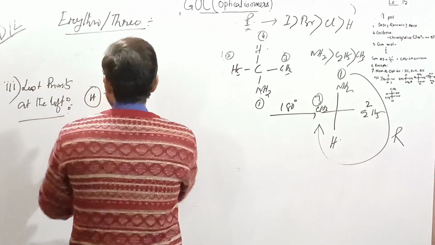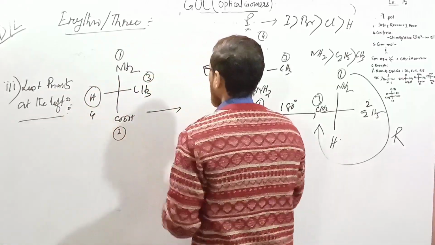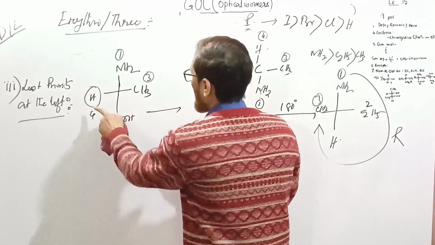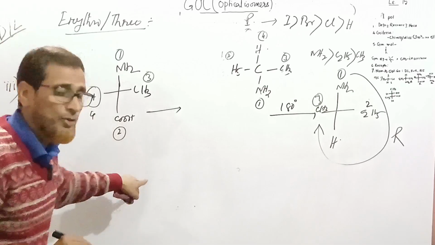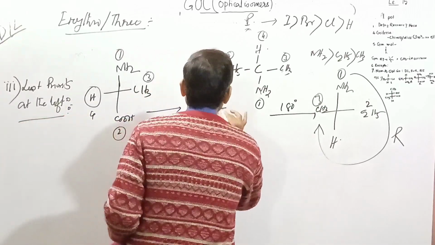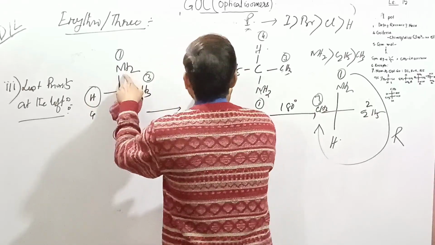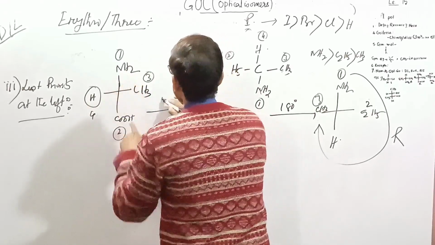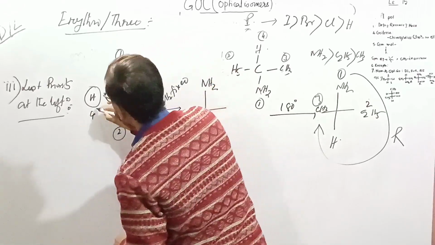The least priority is here. So in this case we should keep the least priority at the bottom. Mind that NH2 will be fixed. NH2 is fixed. We need not do anything. We will be concerned with this.